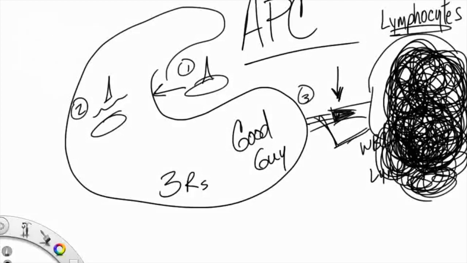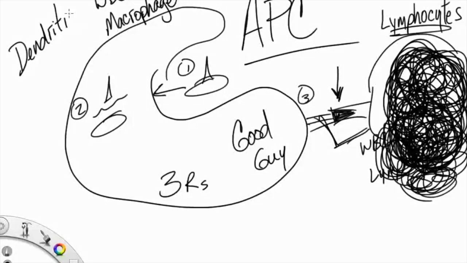Okay. So far, we have said that the antigen-presenting cell is what kind of cell? A macrophage, which is a white blood cell. But I need you to know that there's another kind of cell that more commonly functions as an antigen presenter, and it's called a dendritic cell.